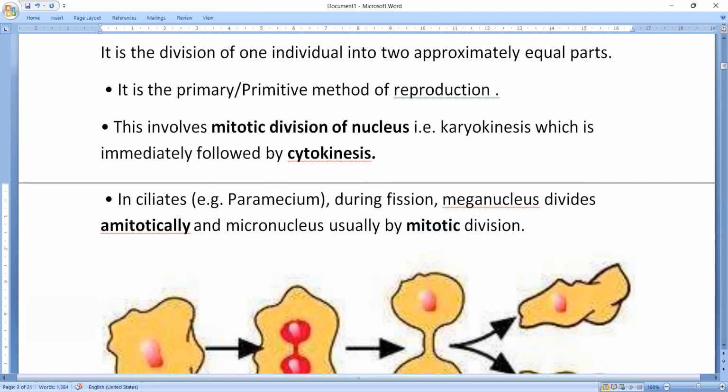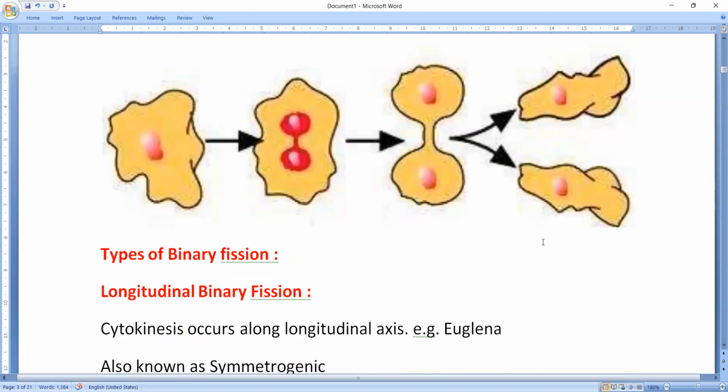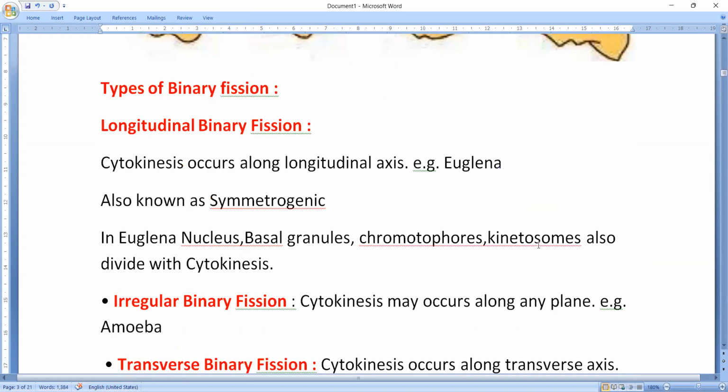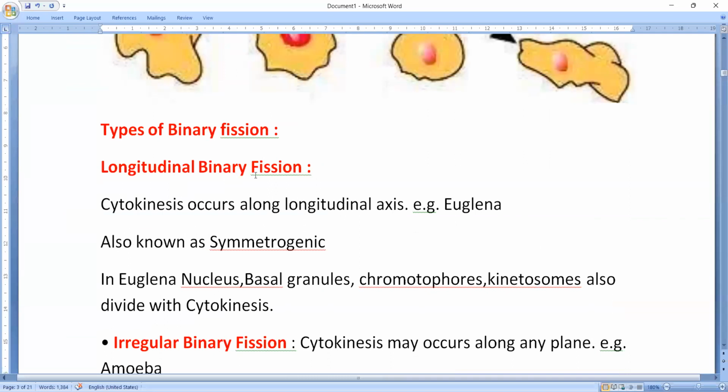The meganucleus or macronucleus divides amitotically, and the micronucleus usually divides by mitotic division, in the animals in which two nuclei are present. Okay, so this is how binary division takes place. So, types of binary fission.